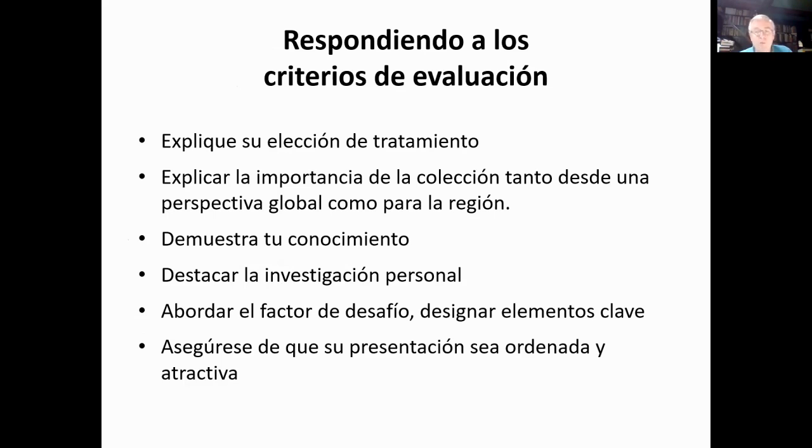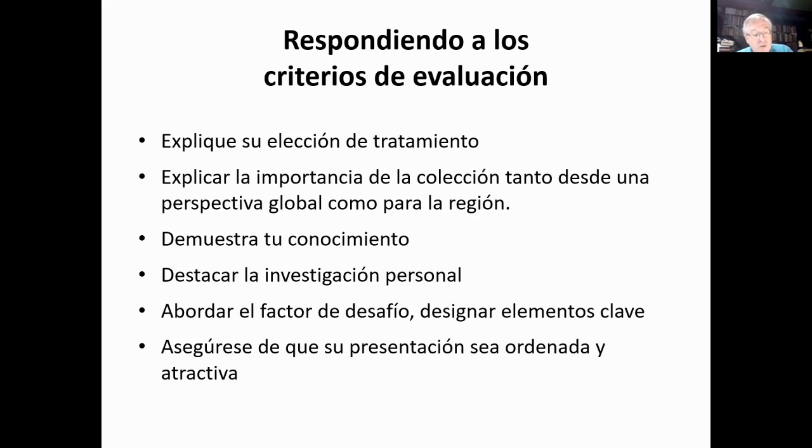So first of all, they'll explain their choice of treatment and why that choice of treatment is, at least in their mind, the most logical one for the subject. The importance, they will again try to justify to the eyes of the judges, why their exhibit is important, both from a global perspective and a regional perspective.